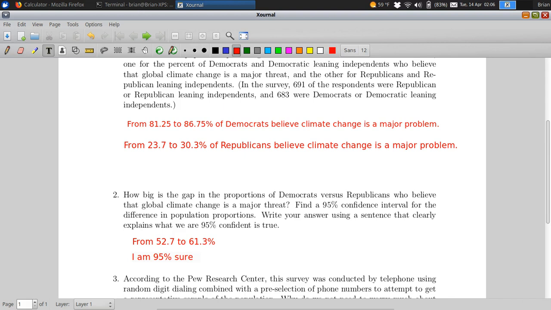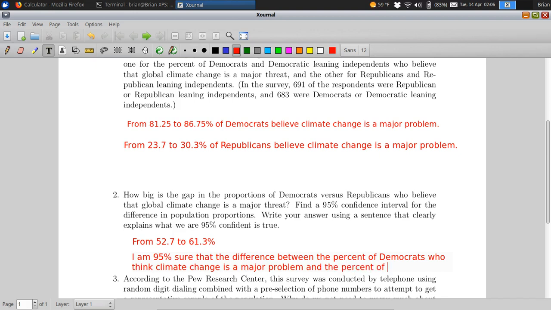But assuming all that's okay, I'm 95% sure that the difference between the percent of Democrats who think climate change is a major problem, and the percent of Republicans who think the same thing is between those two numbers.